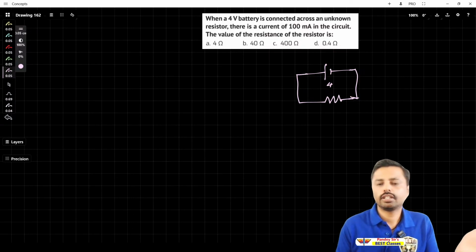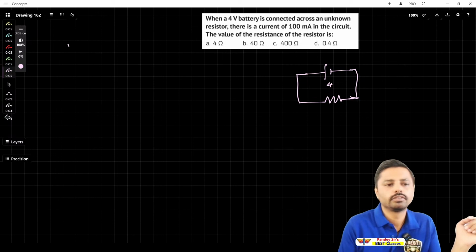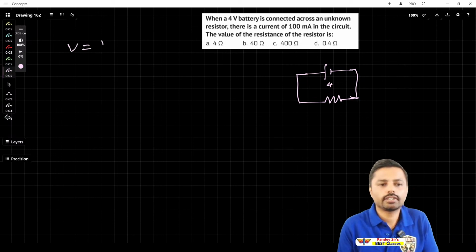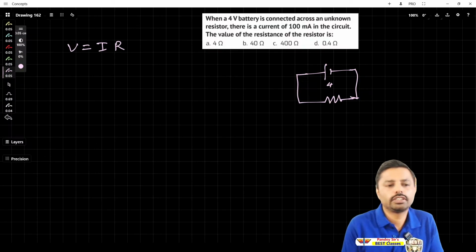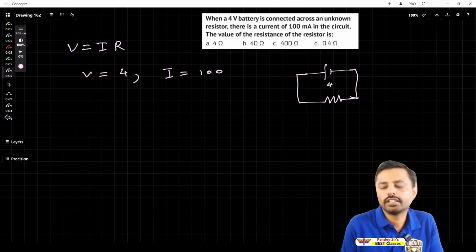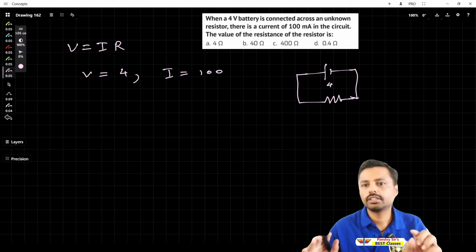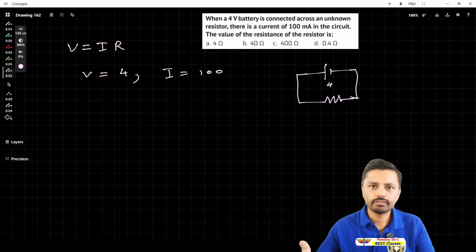Now, which formula? V equal to IR. So now let's just replace the values. V is 4, that's good. I is 100. Is it correct? We need it in ampere. And how do we get ampere?